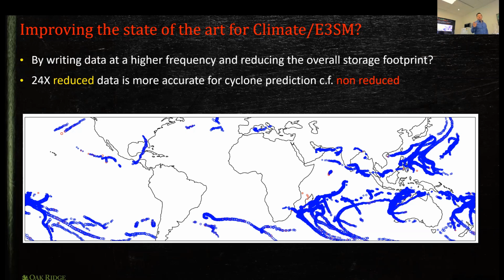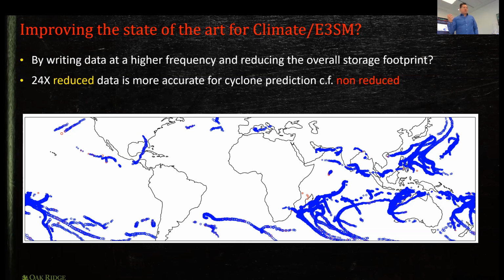Does that make sense? So this more accurate output is the finer sampling time, you mean, in this particular case? Yeah, because it was too expensive. They couldn't output all the time. They couldn't output all the 3D data. So they do their own reduction, because that worked like 30 years ago.